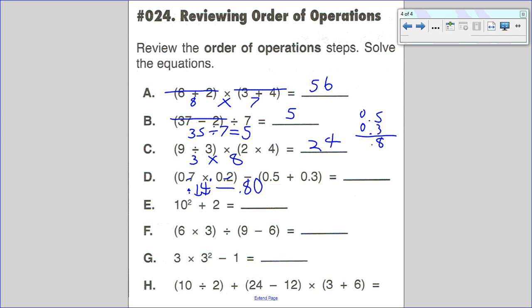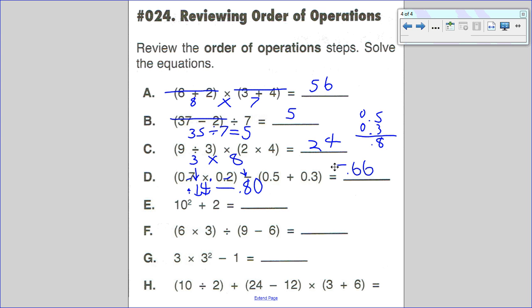So the first number determines which is bigger after the decimal. So 0.8 is a lot bigger, so we're actually subtracting 0.80 from 0.14. Okay? That gives us 0.66. Actually, negative 0.66. Excuse me. So that is your answer to that.